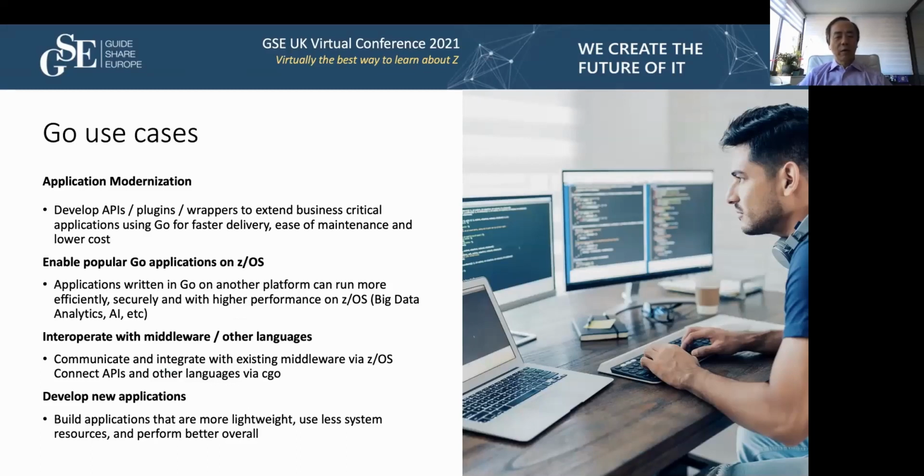We're working on the container runtimes and things like that, and with z/OS Connect, we can also work with middleware applications as well, and we can develop very fast, lightweight applications. And remember, this is a compiler product, so you don't really have to ship source. It's not interpretive, and it can be a little bit more lightweight and perform better on the platform.